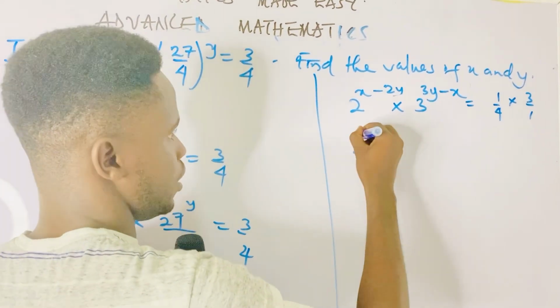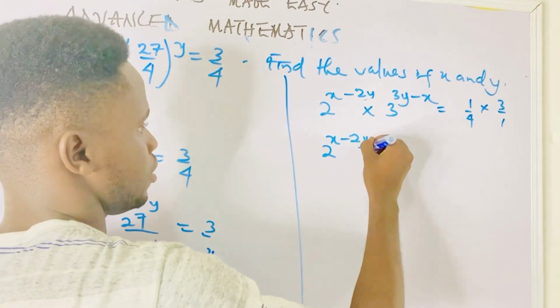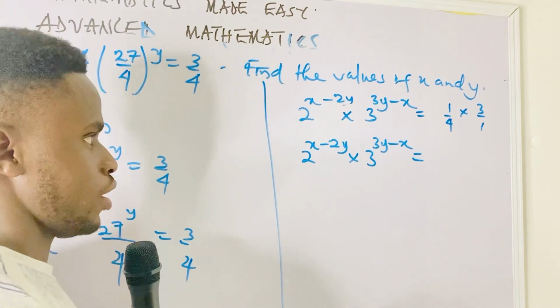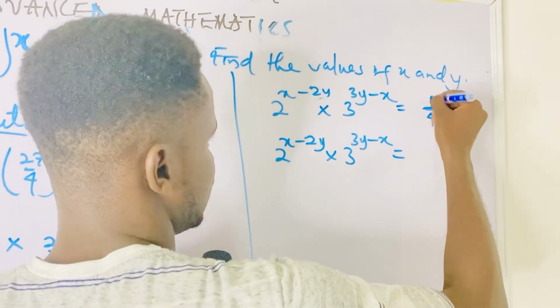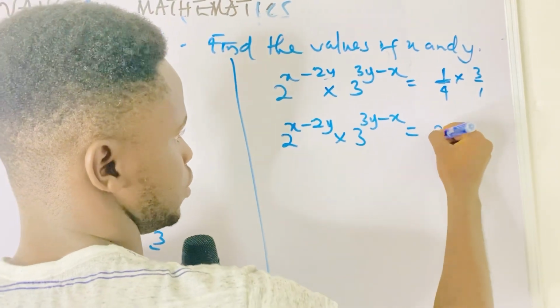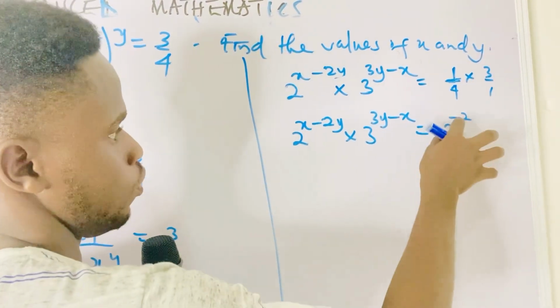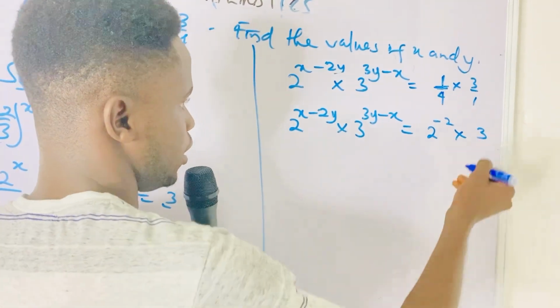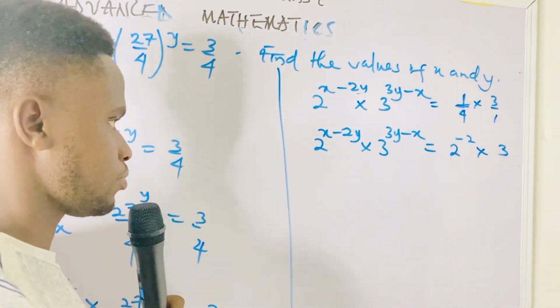Then you can condense so that it looks like the left hand side. And what's 4? 2 raised to power 2. And 1 over, I told you it's a negative power, the reverse. That is, this is written as 2 raised to power minus 2, which is 1 over 2 squared, which is 1 over 4. Then times 3, which you can say is raised to power 1.